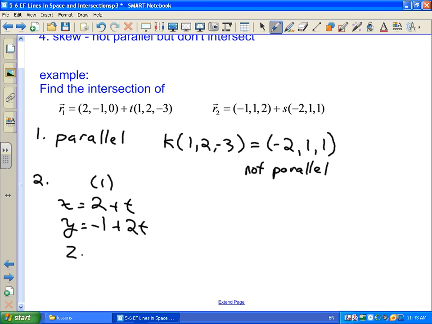And our z is going to be 0 plus, or just negative 3t. Equation 2 is going to be, let's see, our x is negative 1 minus 2s. Our y is 1 plus s. And our z is 2 plus s.